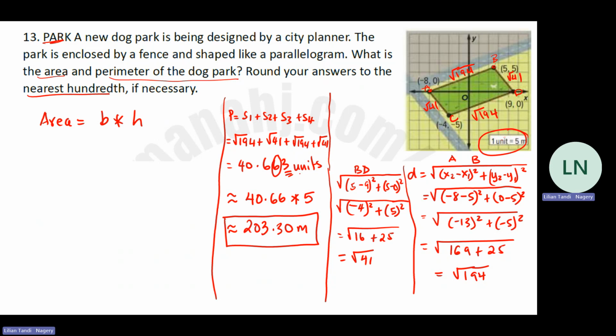Okay? Now, I know that the base is square root of 194, and I have to multiply by 5 because remember, I have to use meters. But now I need to find the height of this.